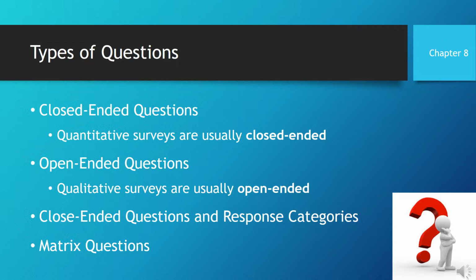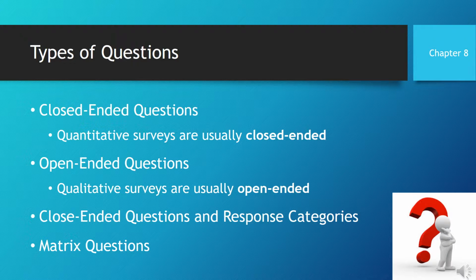Open-ended questions are utilized when little knowledge about a particular topic is known, with smaller sample sizes, when you don't want to limit responses, and qualitative surveys are usually open-ended. However, disadvantages are: it is time-consuming and difficult to administer and analyze.